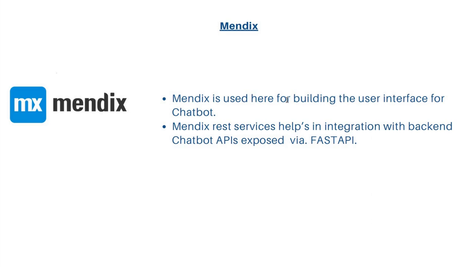Here Mendix is used for building the user interface for the chatbot, which I visualized earlier, and the API exposed from the chatbot core engine is consumed here in the Mendix platform using REST services.